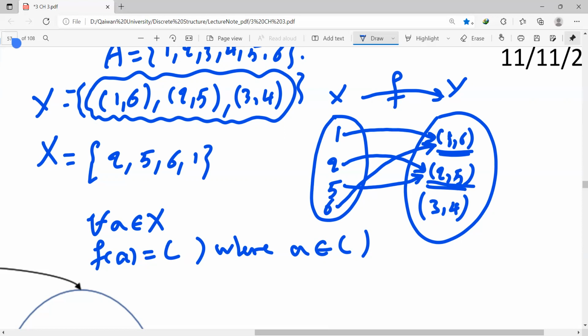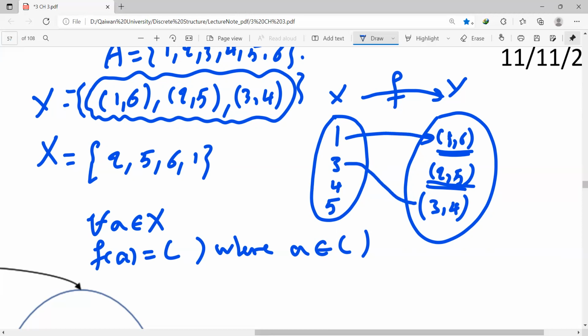Let's speak on a subset X of A. Let's say it's 1, 3, 4, let's say 5. Here you have these 4 elements. We choose any 4 elements. 1 goes to where? {1, 6}. 3 goes to {3, 4}. 4 goes to {3, 4}.